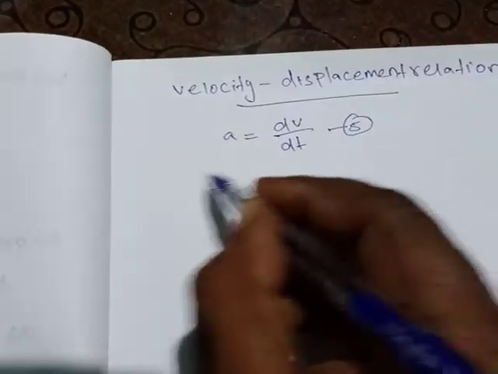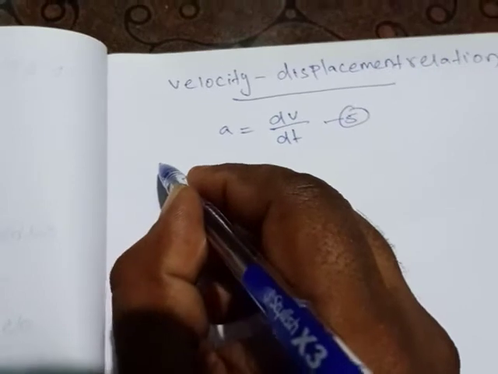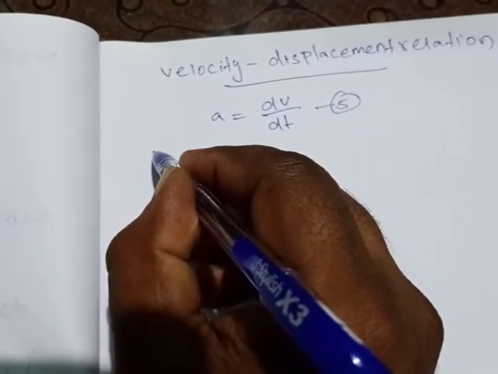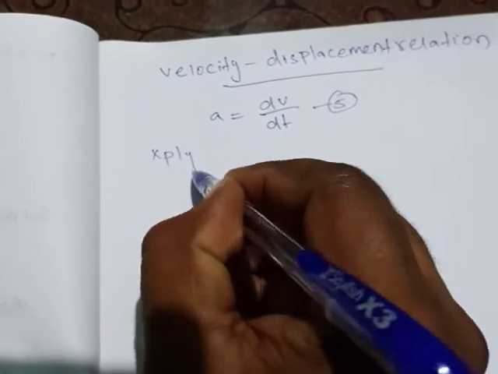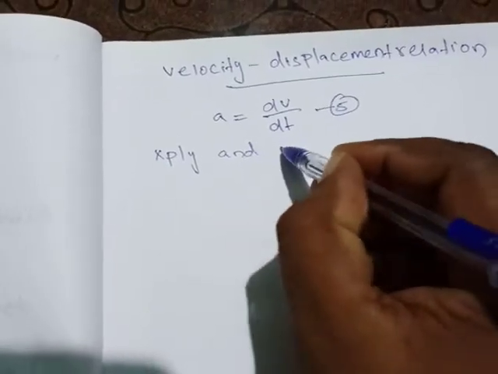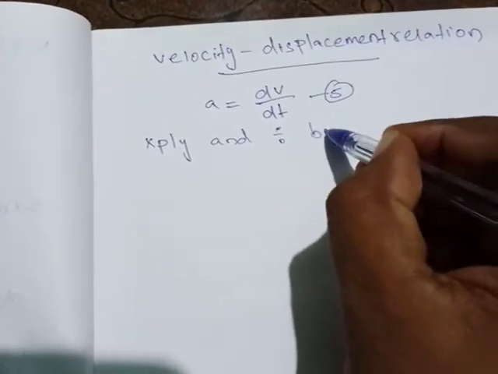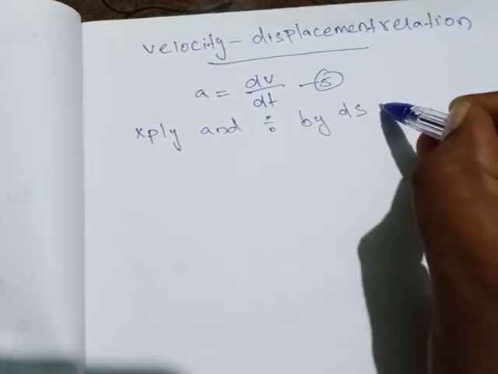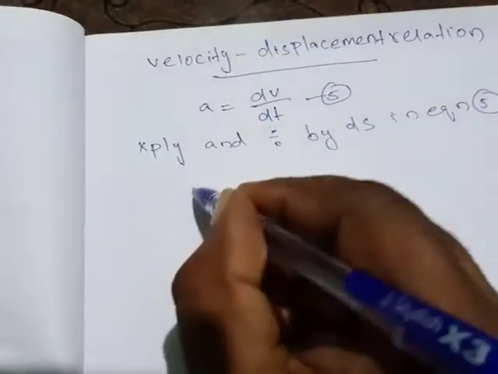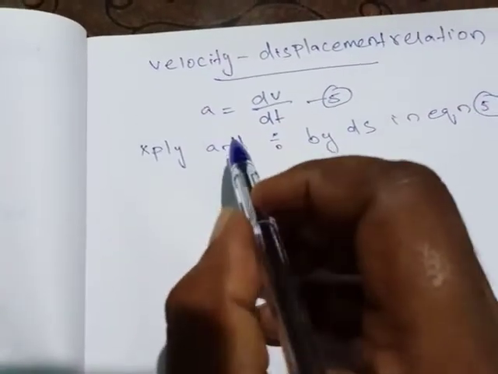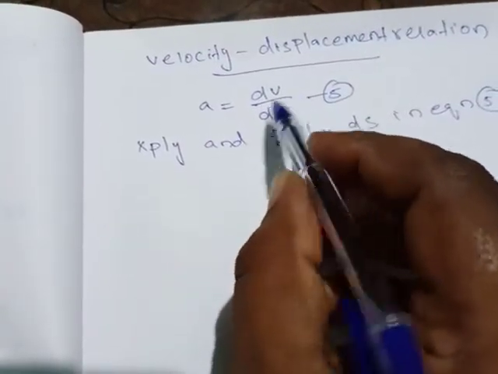So what you have to do means, multiply and divide by ds in equation 5. That means you have to multiply and divide by ds in this equation 5.